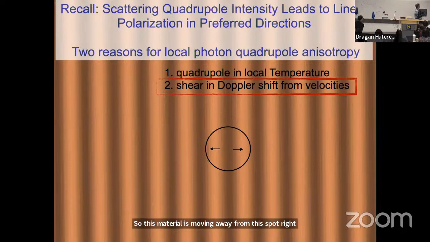And if it's moving away, that's going to cause a redshifting, which means there's going to be less radiation coming from this direction than that direction. And instead, you're going to get a horizontal polarization. But notice that it's either going to be polarized vertically or horizontally, which is to say it picks out the geometry of this density fluctuation. So that's going to be super important in a second.